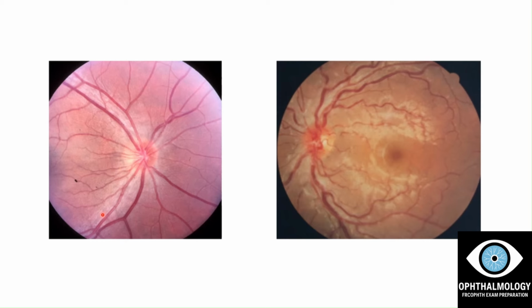Another pathology is impending retinal vein occlusion. So you can see that the blood vessels are slightly engorged, tortuous, and if you search carefully, you'll find subtle bleeds in the substance of the retina itself.